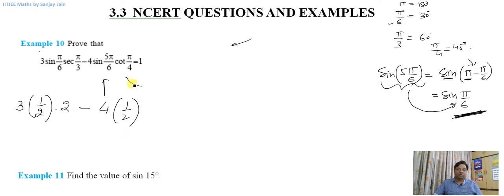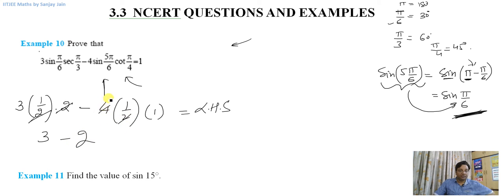And this is cot pi by 4, that is cot 45, the reciprocal of tan 45, which is 1. So it is also 1. So this is my left hand side. And let us see what is the value that I have. I'll have 3 from here and 2 from here, right? This is 2. So 3 minus 2 is equal to 1, which is my right hand side. And this is what I had to show here.